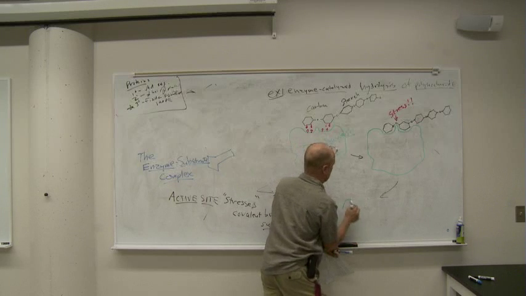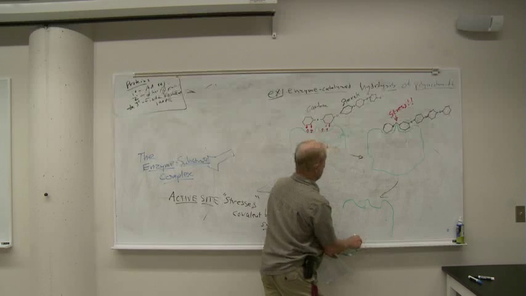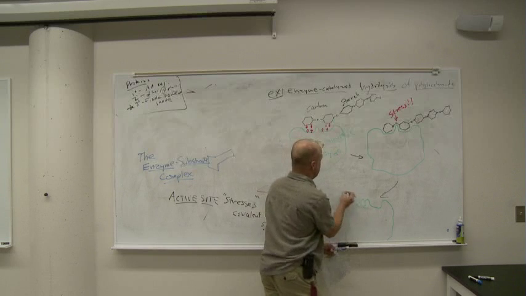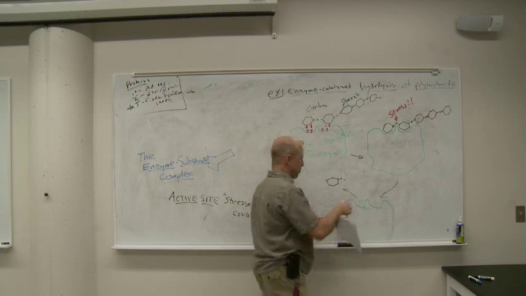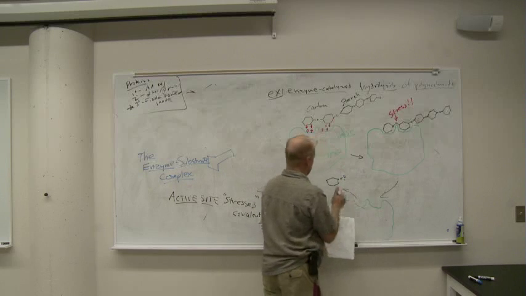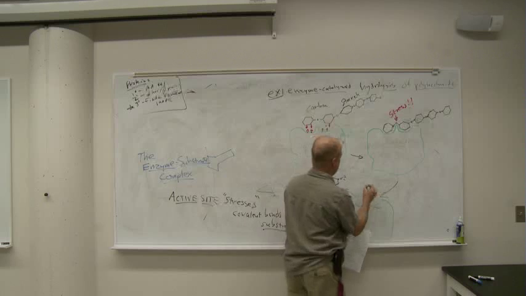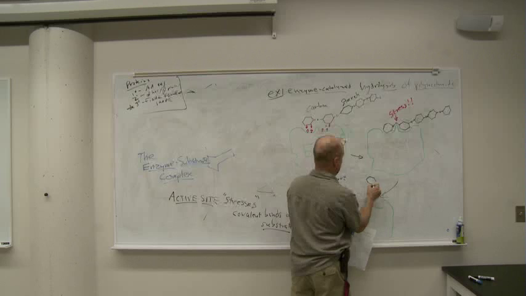I'm running out of space for my enzyme, but that's okay. Boom, out from here. Maybe we should stick blue there to show the hydrolysis. And then that guy takes off, this guy takes off, and it's ready to break down another.